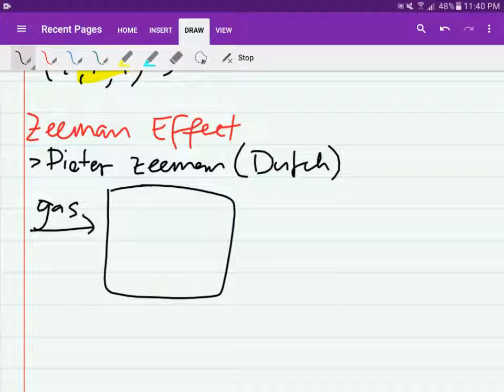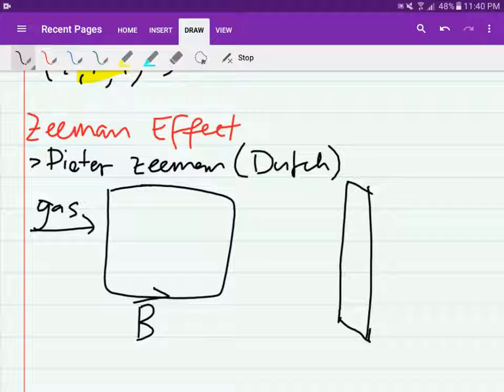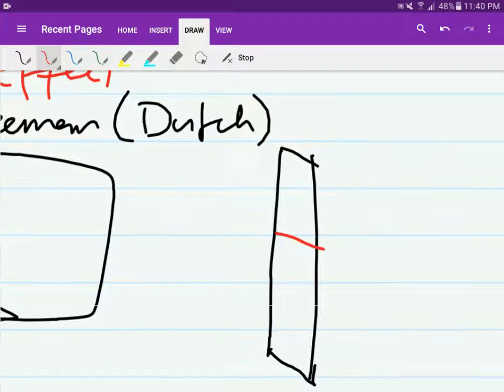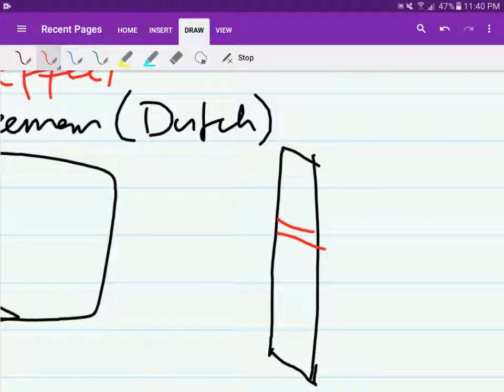an area with an external magnetic field B, he observed that some spectral lines of the gas were splitting into different values.